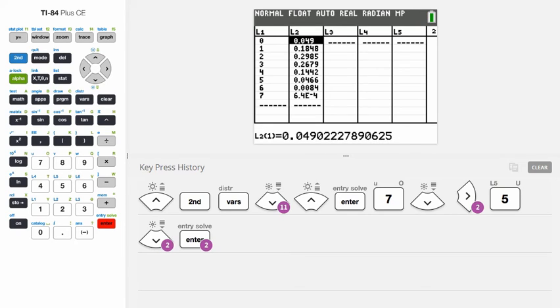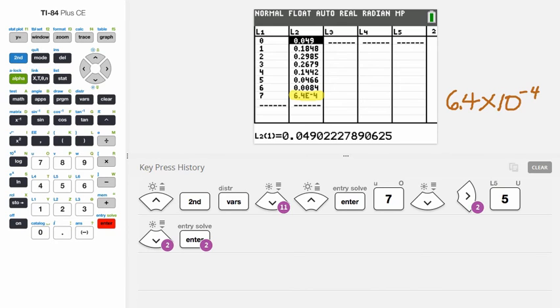The first thing you may notice is 6.4e negative 4. This is how the TI 83 and 84 write scientific notation. What this number really is, is 6.4 times 10 to the negative 4th power.